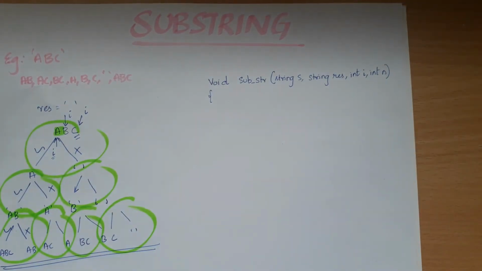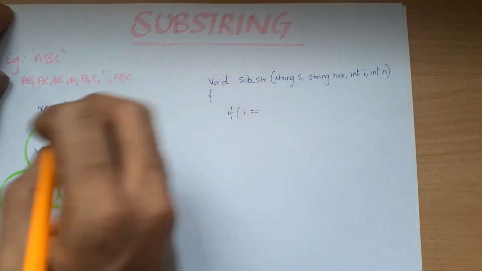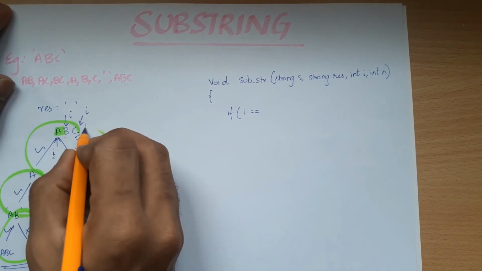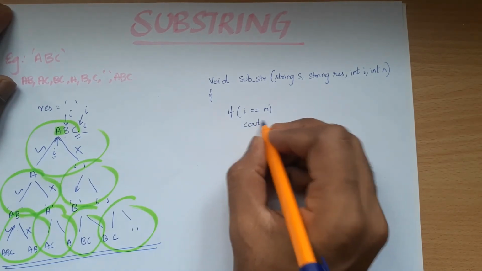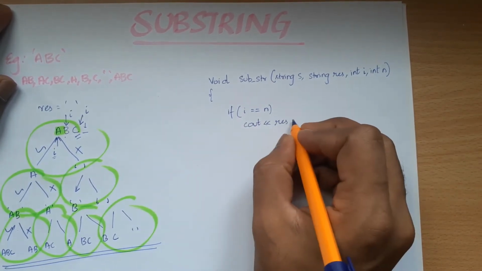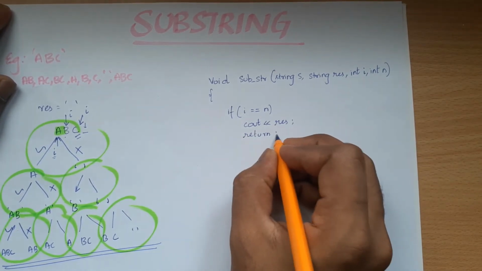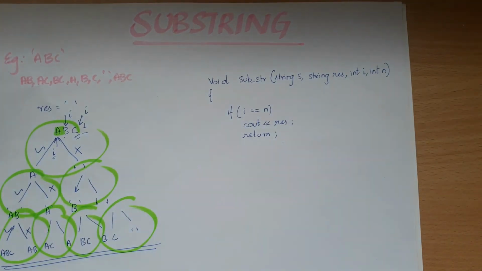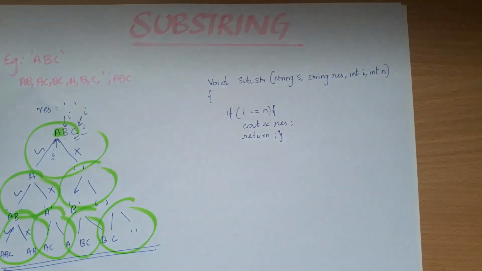When we write recursive code, we need a base case, which says when we can terminate the program. Here, if the iterator reaches the end of the string, that is after finishing A, B, C, then we can quit. So if I is equal to N, we print our result and return. We're not returning any value, but we use this keyword so that the stack frame is released. We add brackets since it involves two lines of code.